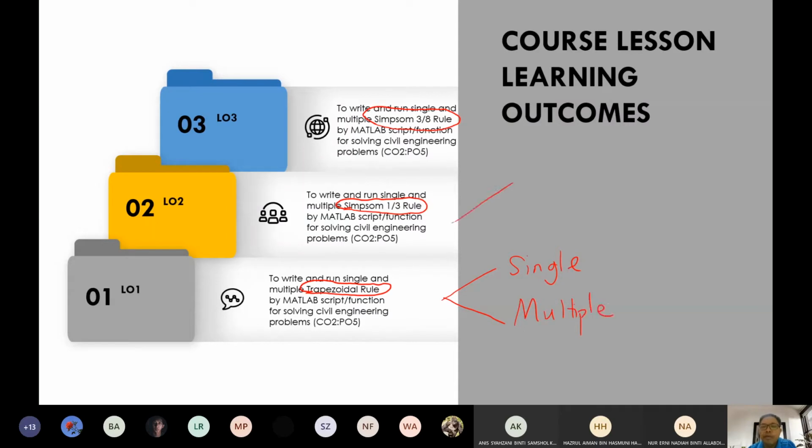Similarly, for the other two methods, you also have single and multiple, specifically for Simpson 1/3 rule, and the same goes for Simpson 3/8, where you have single and also multiple. So in total you will have 6 methods in this topic to solve the integration.